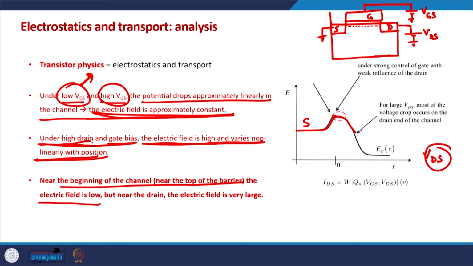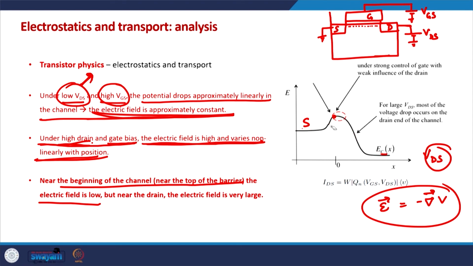So, the electric field, which is essentially minus del V by del X, or to write it more generally, because in short channel devices it needs to be written properly, it is the gradient of this band edge that gives us the electric field in the channel.